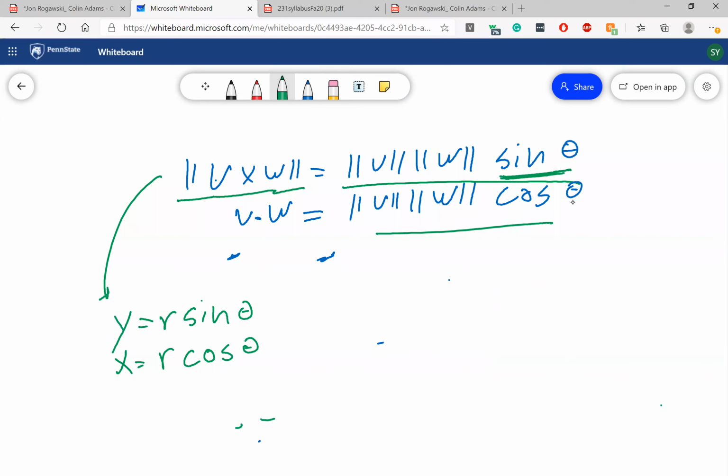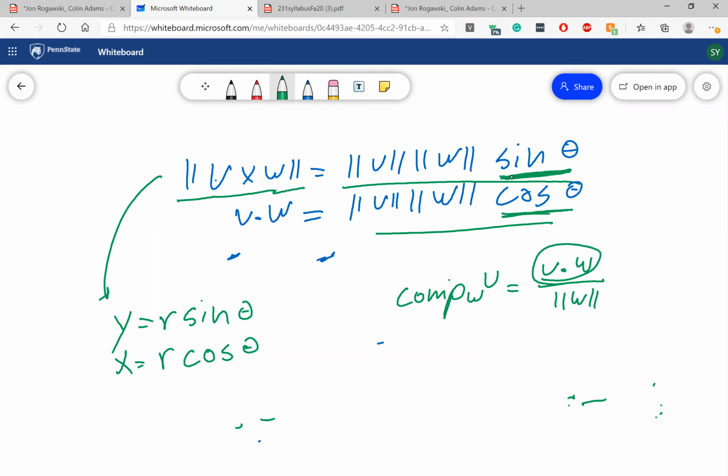And the dot product, as we've seen, does what cosine is supposed to do, and it projects things onto the x-axis, which is why the projection of, let's say, V onto W is equal to V dotted with W divided by the magnitude of W. This is because of the cosine.